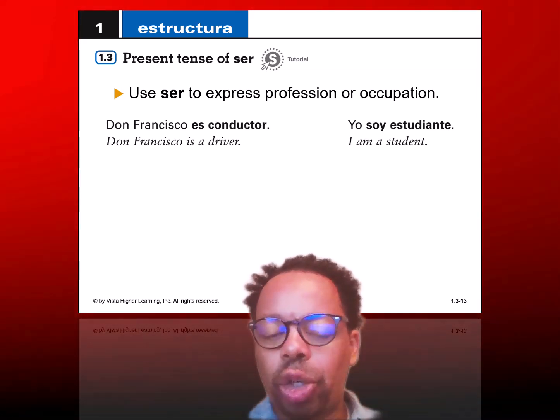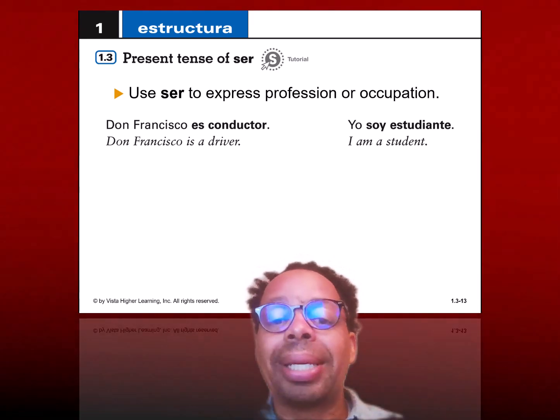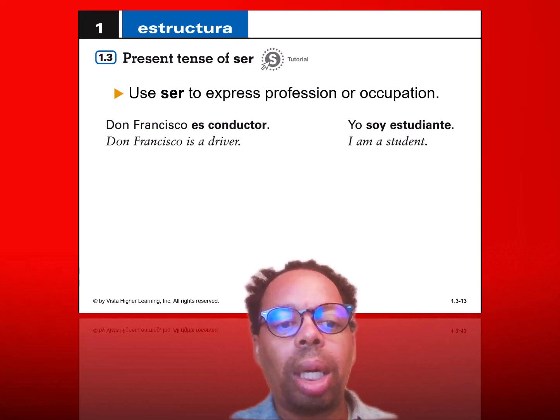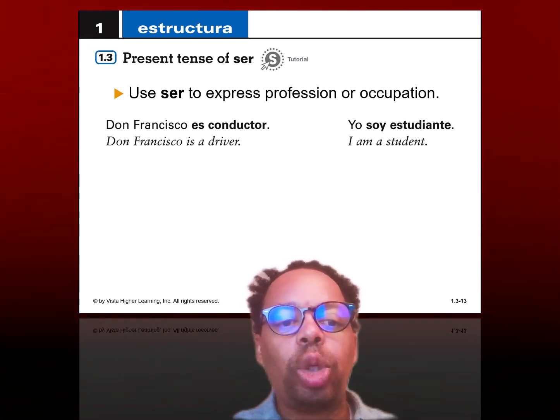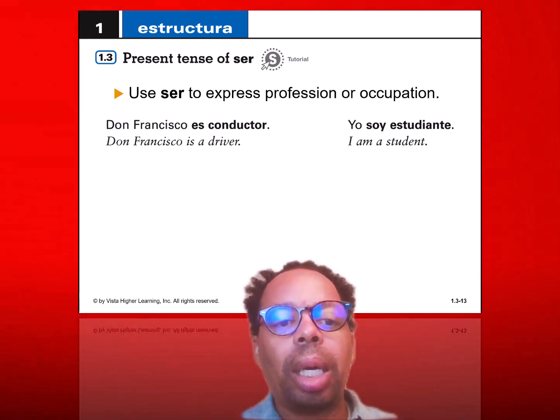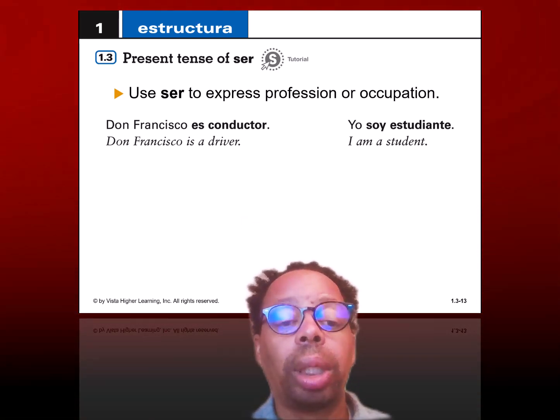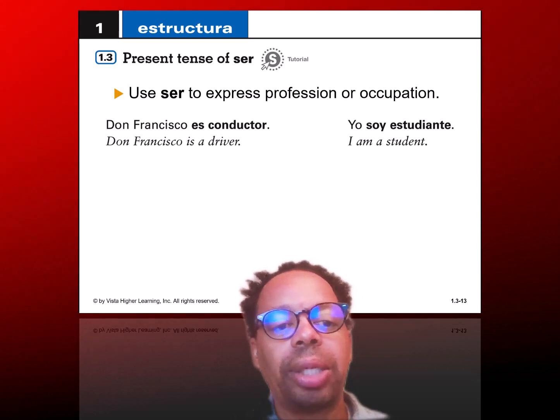Be certain that you're pronouncing this in Español. The O always has an O sound. The U always has a U sound. So with this one, you have three vowels, so we need to hear three syllables. Conductor. He's a driver.